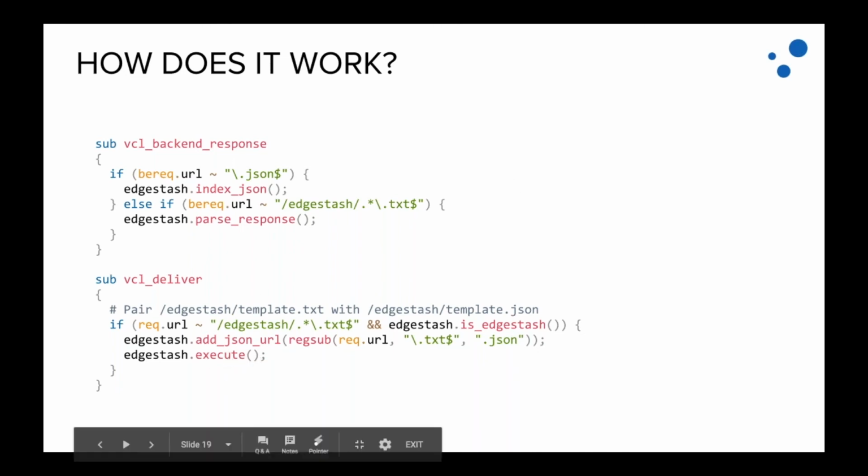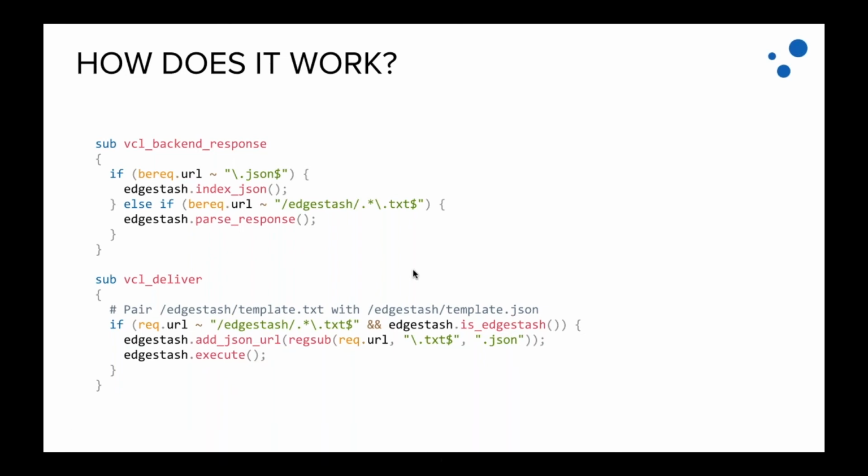This execute here is the function in charge of taking the Edgestash mustache templating and filling it with the JSON values. And that's it. You have pre-rendered a page, and all Varnish has to do is reply back to the client, and the browser will finish the rendering, and it's done.